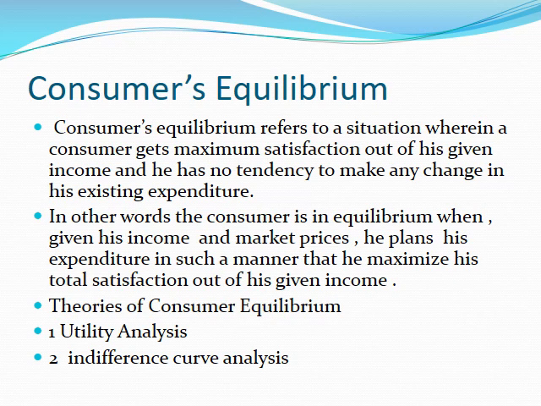In other words, consumer is in equilibrium when, given his income and the market prices of the commodity, he plans his expenditure in such a manner that he maximizes his total satisfaction out of his given income. That is, he is in the situation of balance.